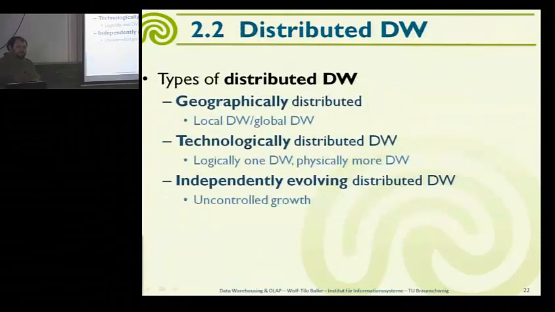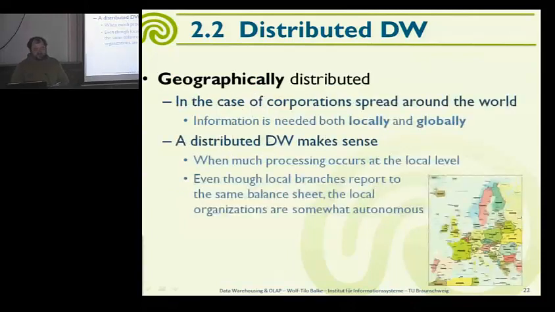Okay. Then you have distributed data warehouses, and a distributed data warehouse may be geographically distributed, technologically distributed, or independently evolving, which is kind of the horror story for all the IT departments and companies. But let's look at it.